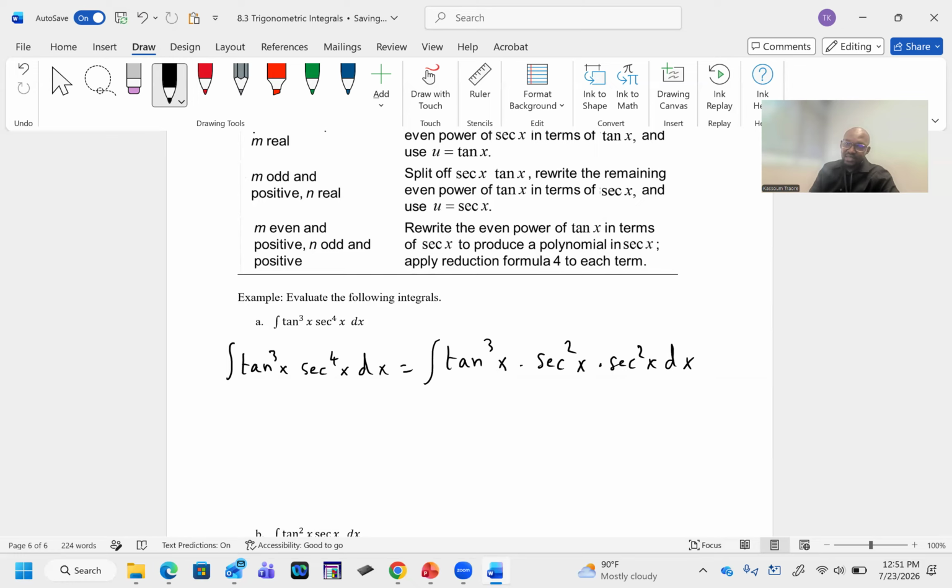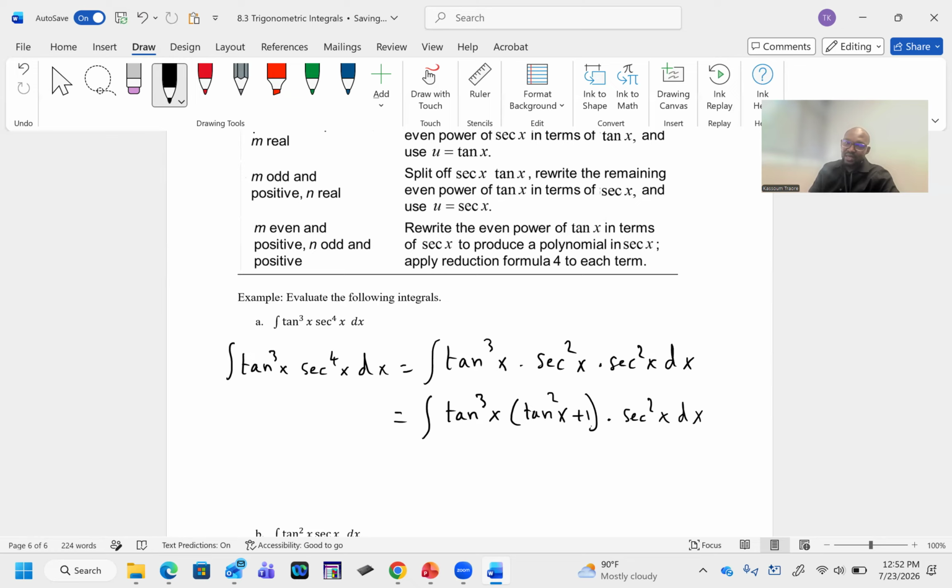And one of the secant square x will be rewritten in terms of tangent, so tangent square x plus 1, then times secant square x dx.